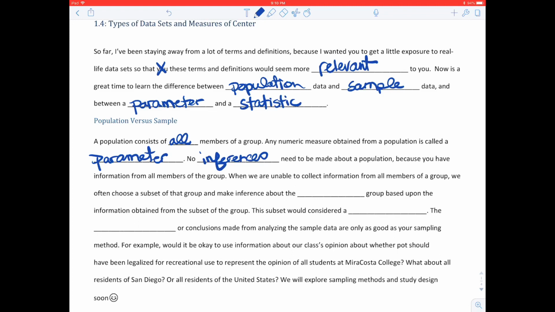When we're unable to collect the information from all members of a group, we often choose a subset of that group and make inferences about the entire group based upon the information from the subset of the group. The subset would be considered a sample.